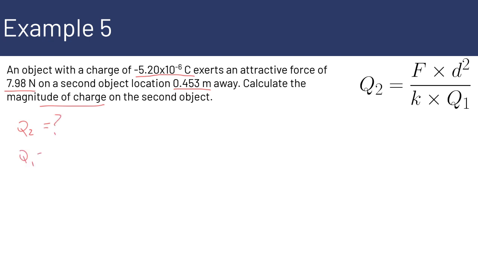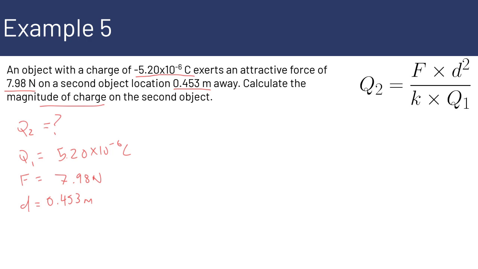Q1 is equal to 5.20 times 10 to the minus 6 coulombs. Our force is 7.98 newtons, and the distance is 0.453 meters.